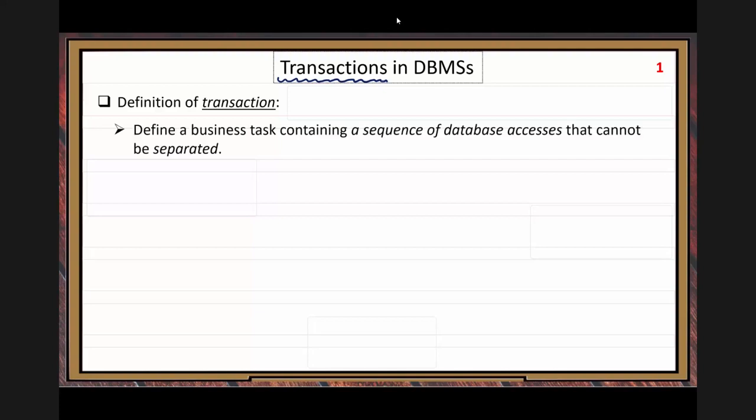It defines a business task containing a sequence of business database accesses. And these database accesses are correlated. There is some close relationship among them, and you cannot separate them.